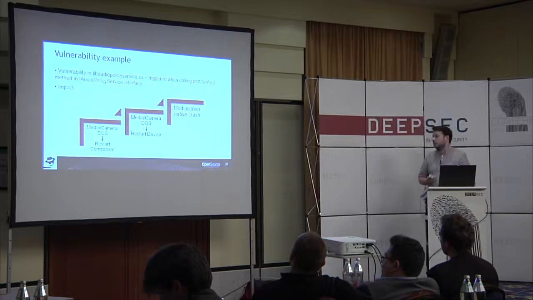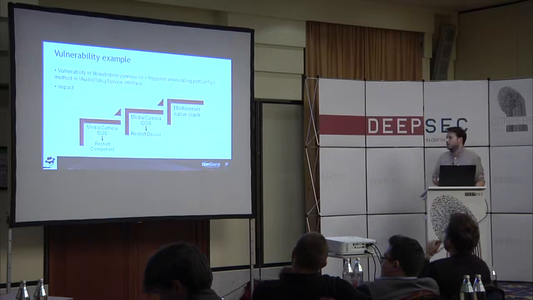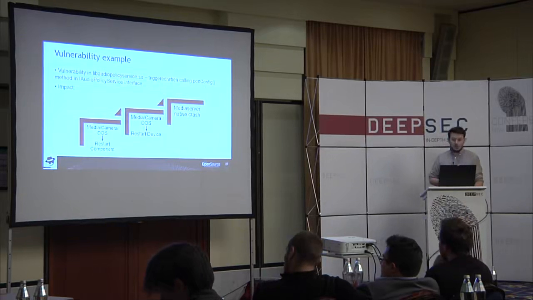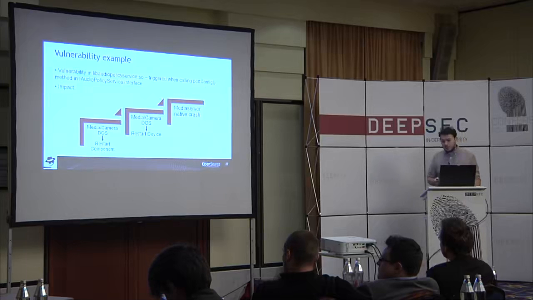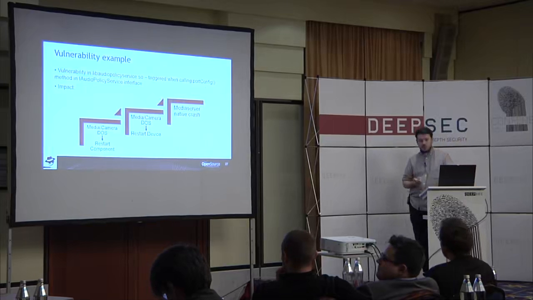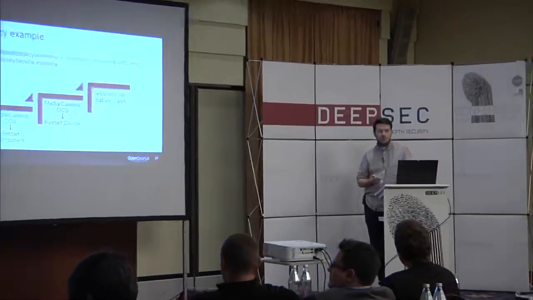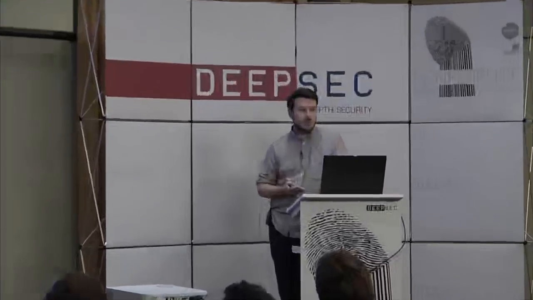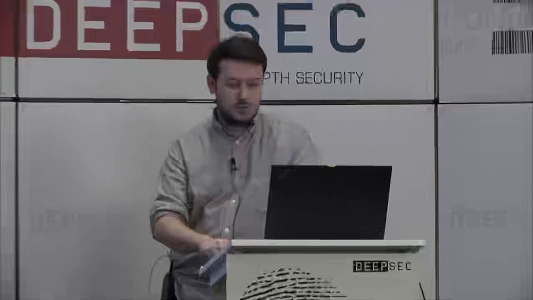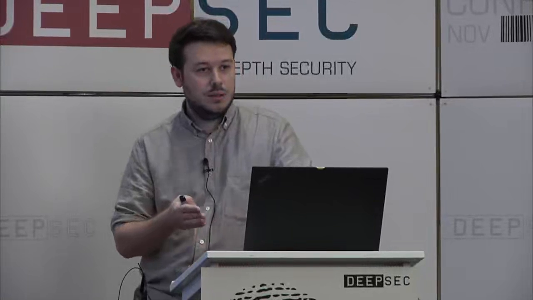So I've mentioned this vulnerability here in libaudiopolicyservice. It basically can be triggered in 2 ways. One way is specific to the testing scenario, which means that it can be triggered like a service call: media.audio_policy, the ID of the method, and the fuzz parameter that actually causes the crash to occur.